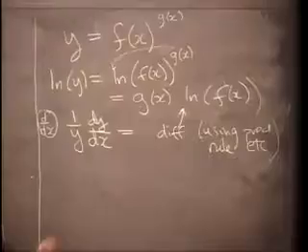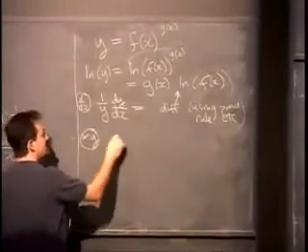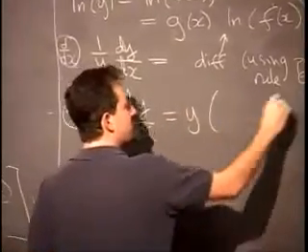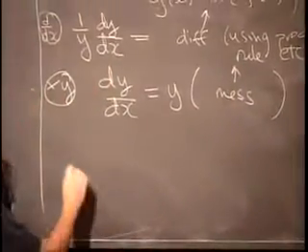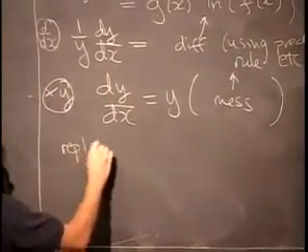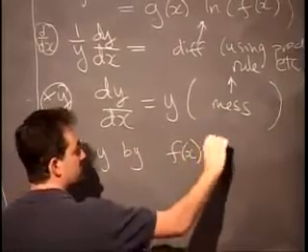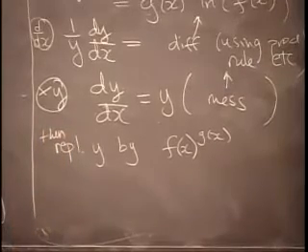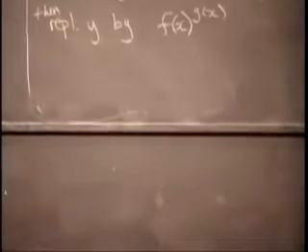Then finally, you multiply through by y, and you get dy/dx equals y times mess, which comes from this, and then replace y by the original function f of x to the g of x. And that is the template for logarithmic differentiation. And I followed that exact template there. Okay?